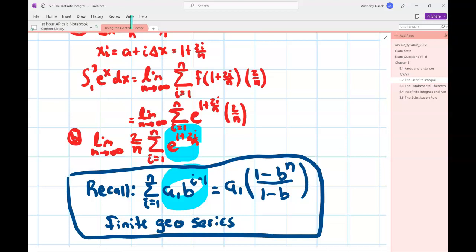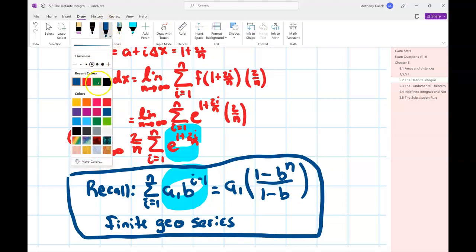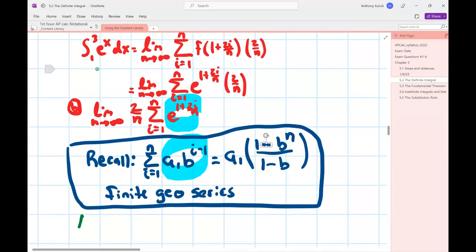Is everybody okay? We can see that. My exponent isn't a variable minus 1. So I'm going to need to do some fixing on that. So I'm just going to do a little aside here.